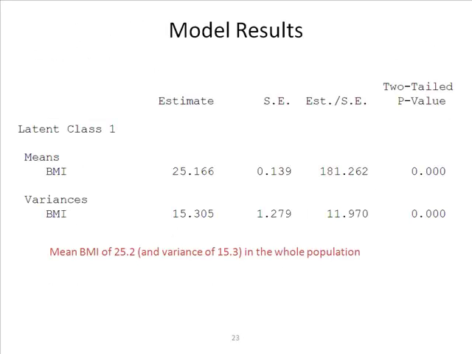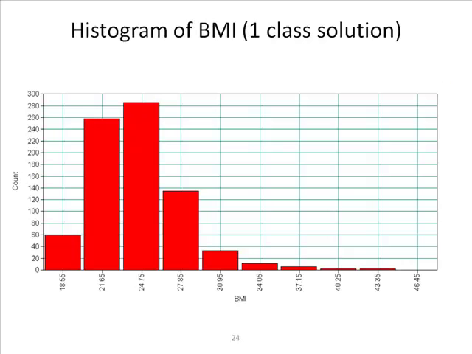I'm just going to show you a series of models that are fitted for body mass index and take you through some examples of the outputs you get when you do this kind of mixture modeling. Over here I've only got a single outcome, body mass index, and that's the distribution I have in my population. I see it's not a normal distribution. It is quite skewed. It's got a fairly long tail over here.